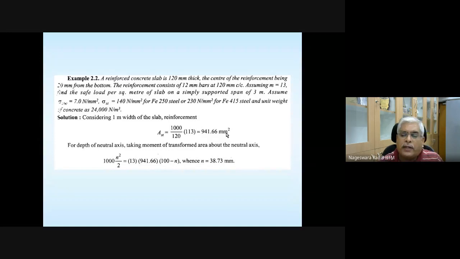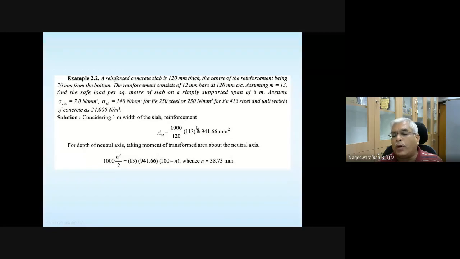Please note that at every stage you don't need to round it off to the nearest integer, because here in the slab we have the reinforcement at a spacing of 120 mm center to center, and we are taking a 1 meter width of this slab, and this reinforcement is smeared out over 1 meter width. So you don't need to take this separately, 1000 divided by 120, and try to find what it is.